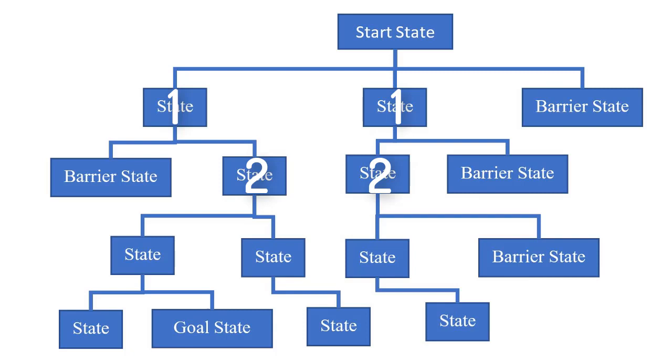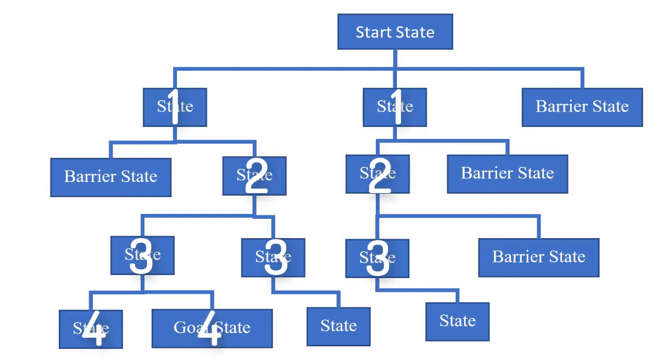Then we start at each state labeled 2 and investigate each possible action. Any resulting state that is neither the goal nor a barrier gets labeled 3, and barriers do not get labeled. Now we start at each state labeled 3 and investigate each possible action. Suppose that here we find the goal state.